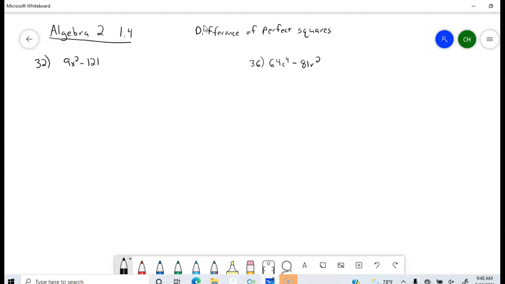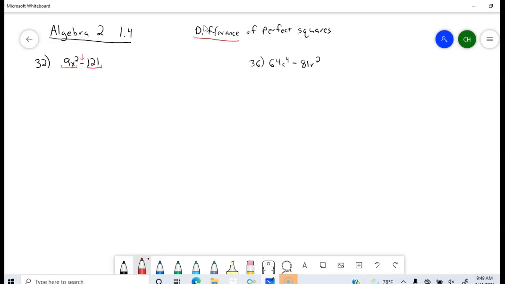All right, so some ways we can identify that pretty quick is we know the difference means subtraction. So if it's not being subtracted, it's not going to work. If it's of perfect squares, that means there's 2 terms. So on number 32, 9x squared minus 121, we've got 2 terms, and they're being subtracted.